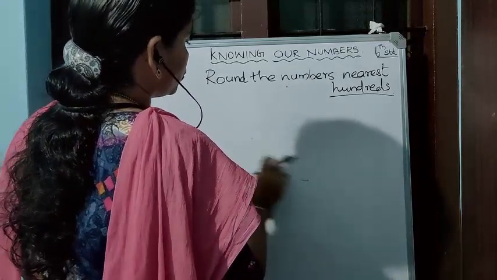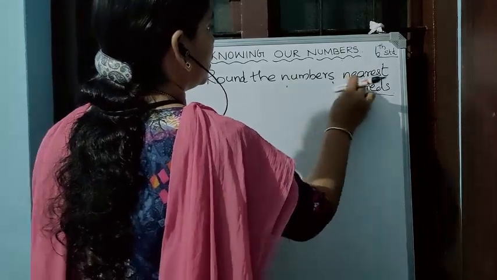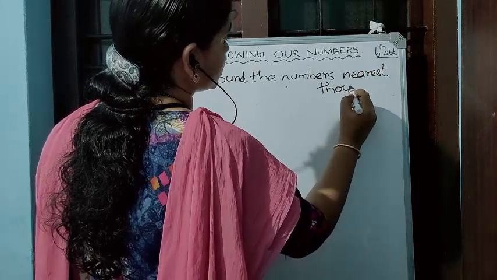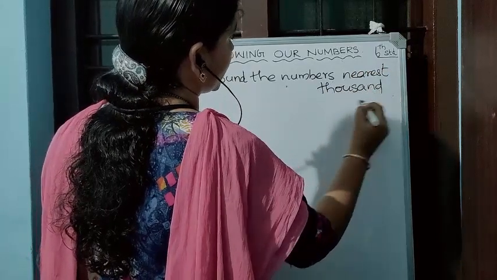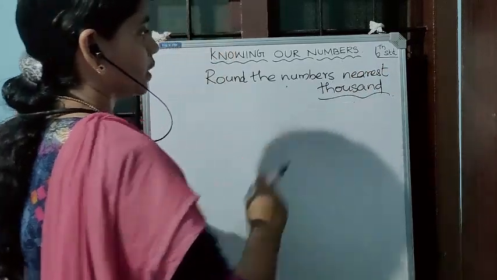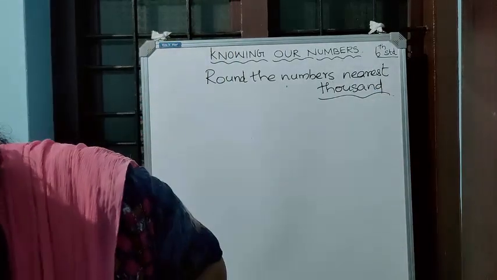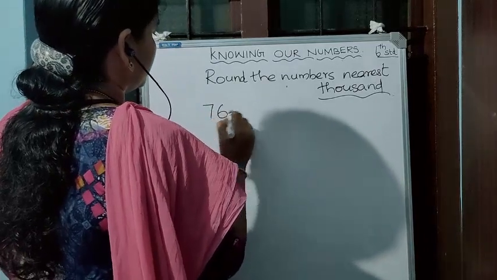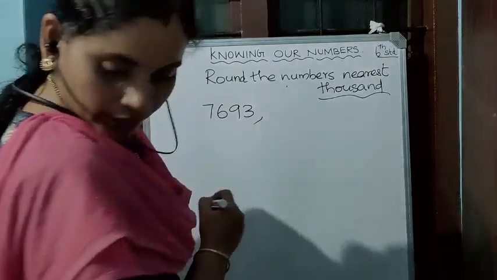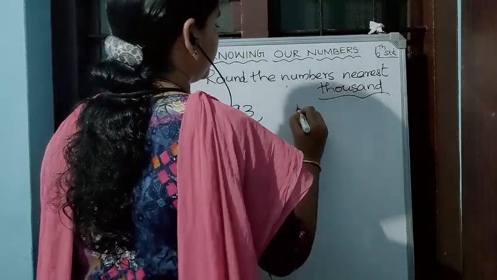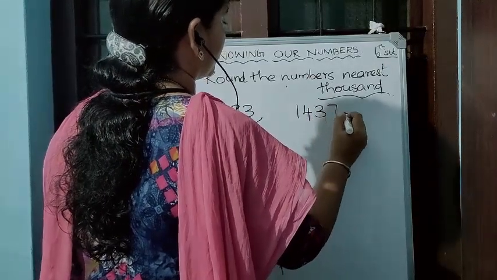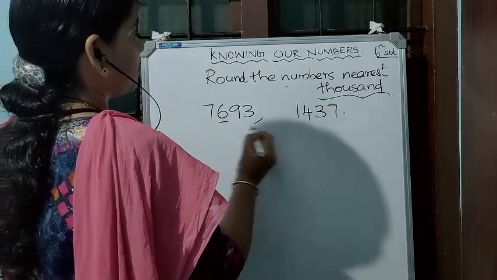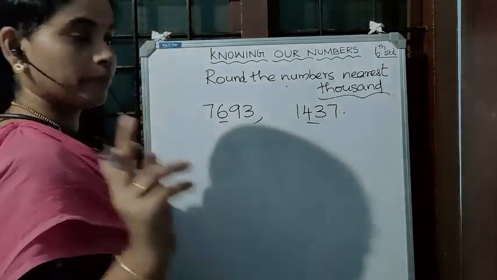Now we are going to round the numbers to the nearest 1000. First we have done 10, then 100. Next one is 1000. For that, we are taking two numbers. In this case, we check the 100 place number.